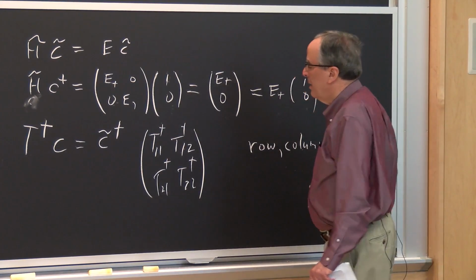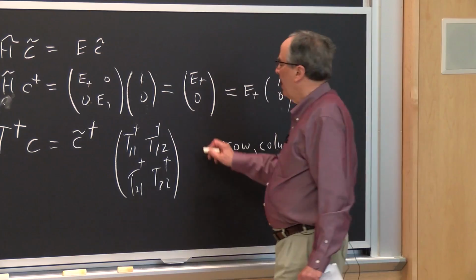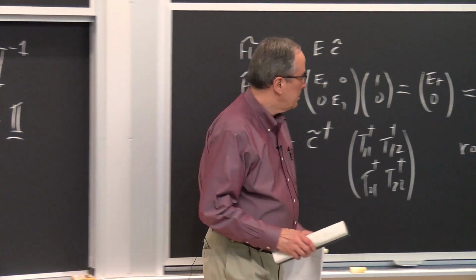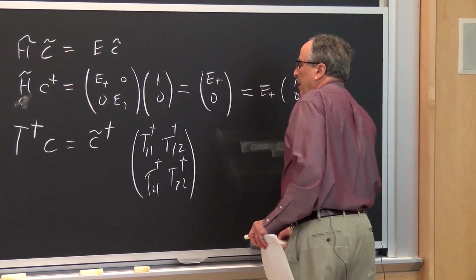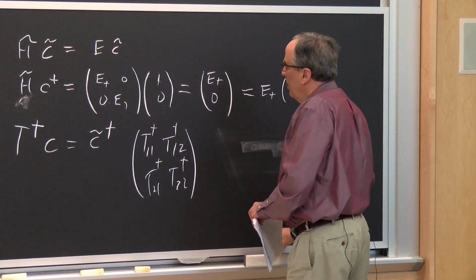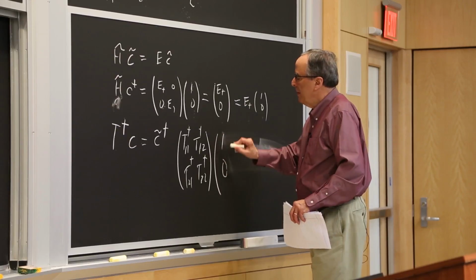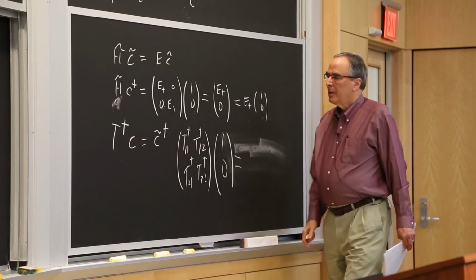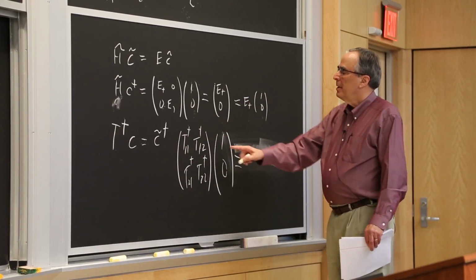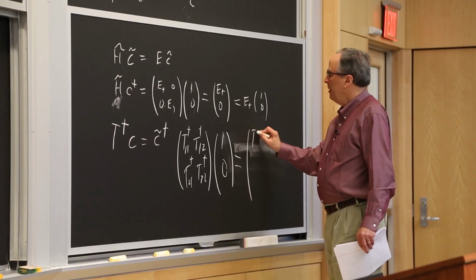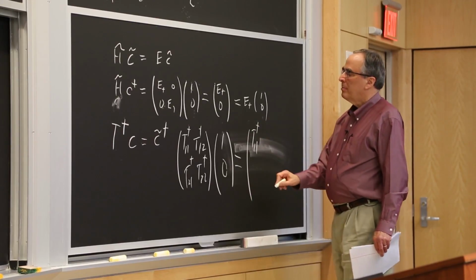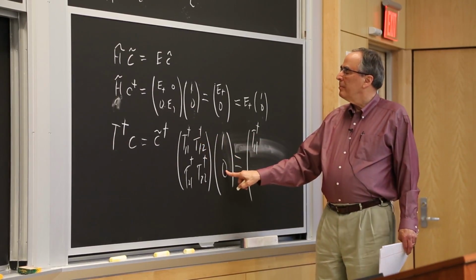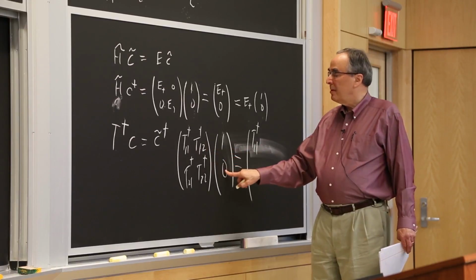Okay, and so now if we multiply 1, 0, because that's what we're supposed to do here, we'll get T 1, 1 plus T 1, 2 times 0, right?